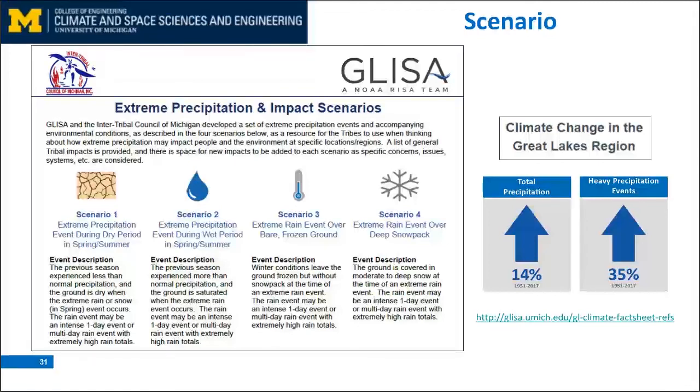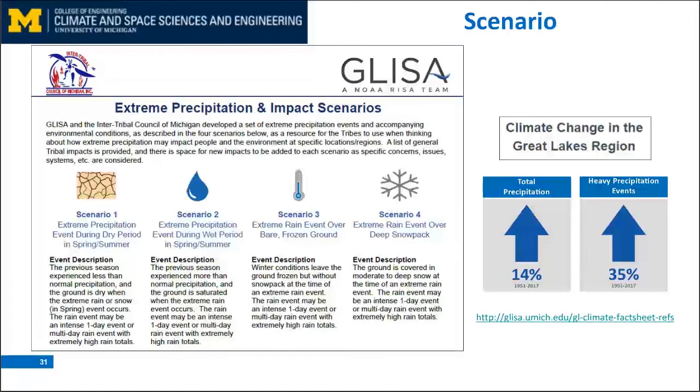And so the approach that we often use is to not simply say what happens if there is more rainfall. We take a look and say, well, what if there is an extreme precipitation event during a particular dry period? Or what if there is an extreme precipitation event during a wet period? Or if that rain is falling over bare, frozen ground?